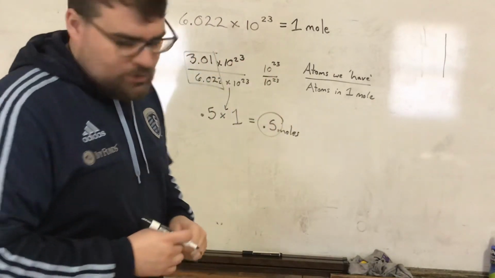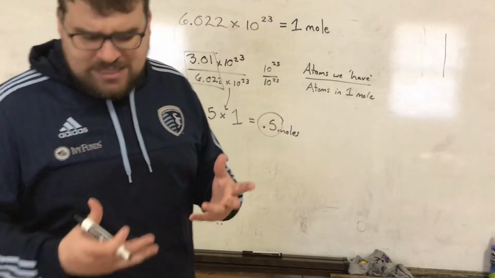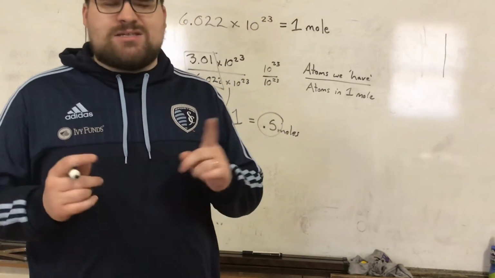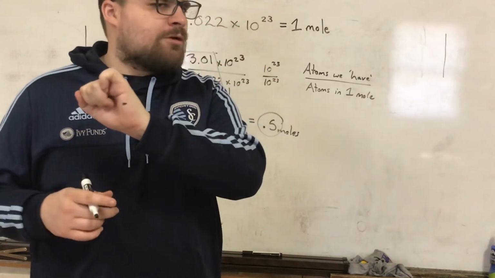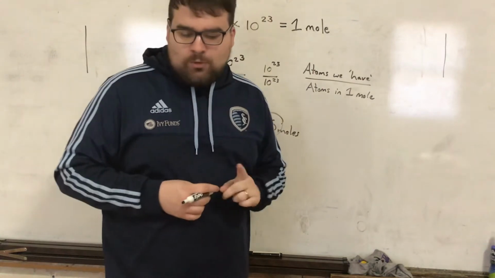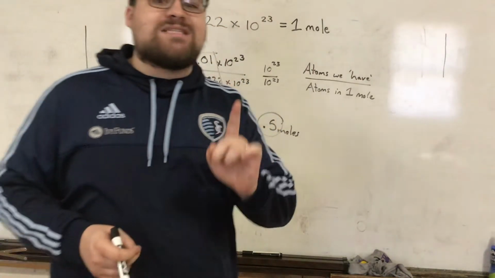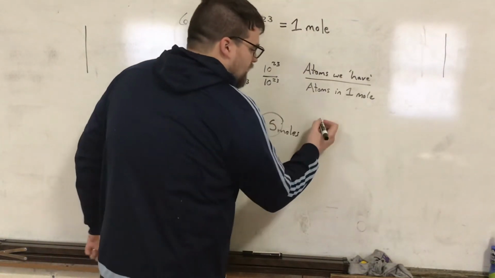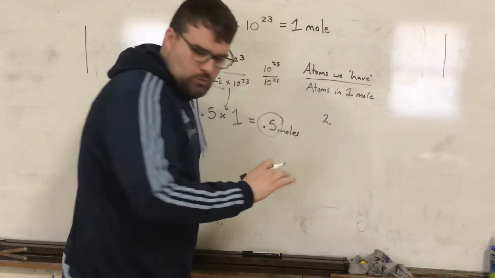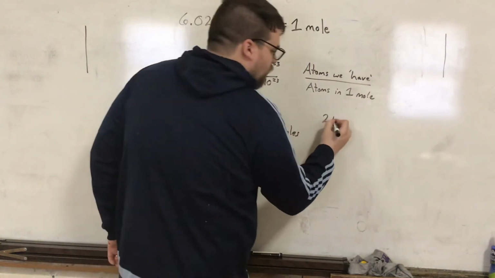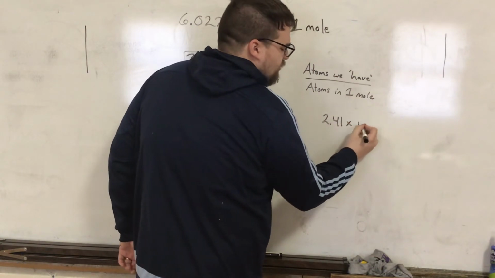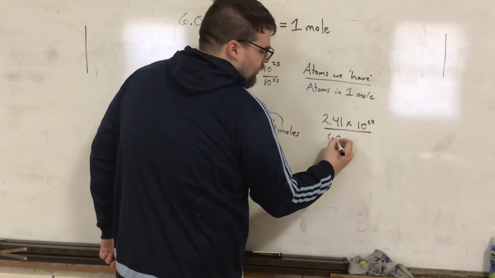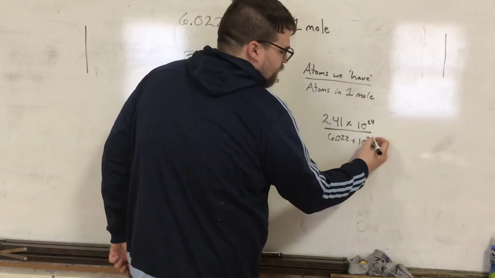Let's do one last problem here. Number 3 says how many moles of glucose, C2H6O12, actually it might be C6H12O6, don't quote me on that, are in 2.41 times 10 to the 24th atoms. So we have 2.41 times 10 to the 24th divided by the number of atoms in a mole, 6.022 times 10 to the 23rd.